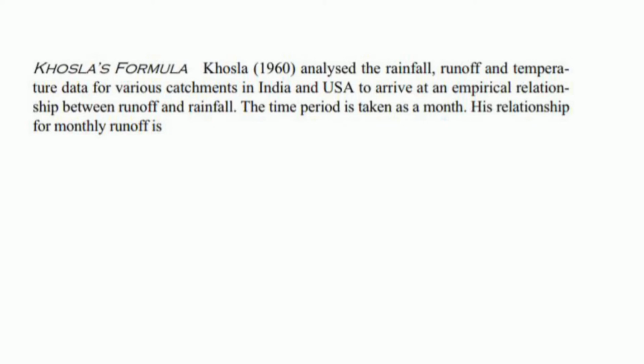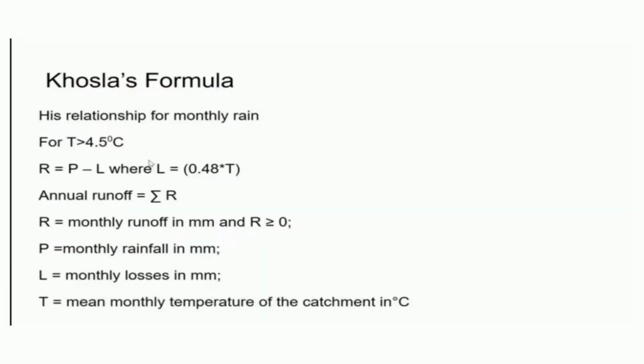His relationship for monthly runoff is the Khosla formula, where R is monthly runoff in millimeters, P is monthly rainfall, L is monthly losses, and T is monthly temperature.